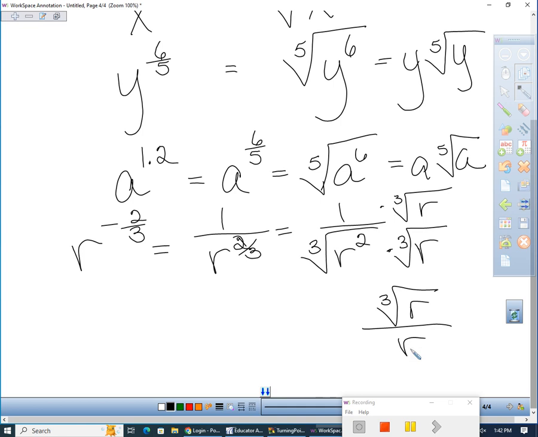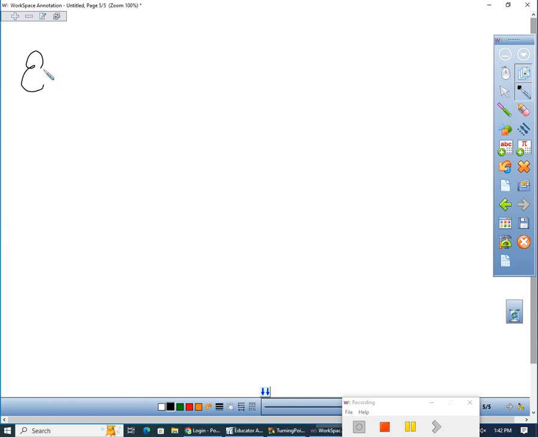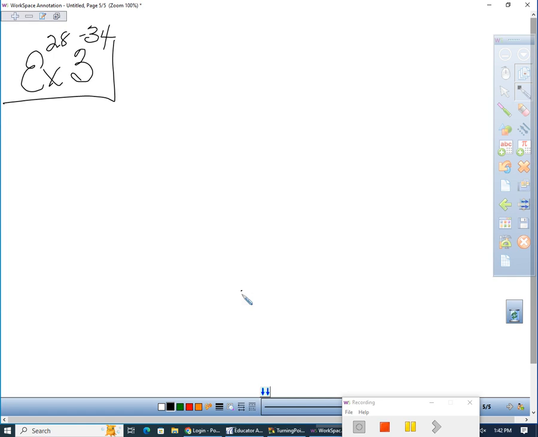All right, example number 3. Example number 3 is going to cover 28 through 34. In this section, I want you to write it in exponential form.